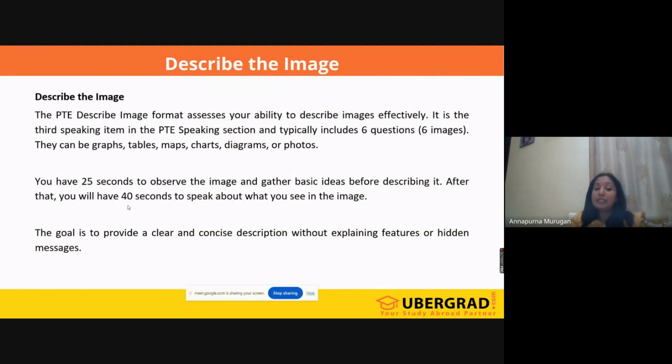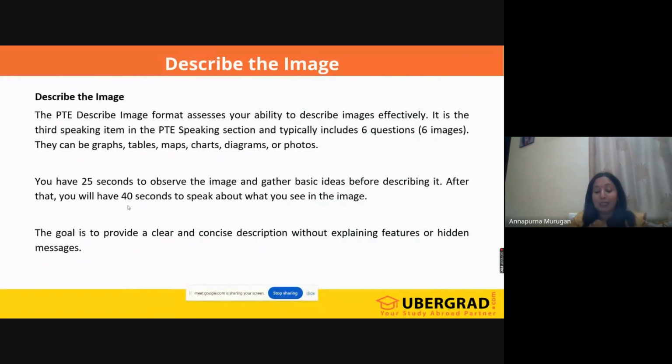You will not have any preparation time also. Only 25 seconds you will have to absorb the image and prepare on the given diagram, and within 40 seconds you need to describe it.